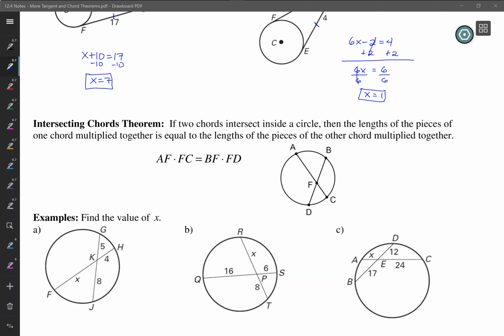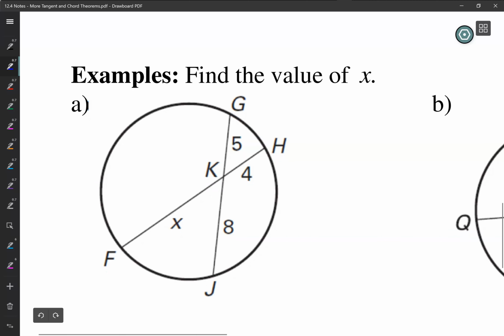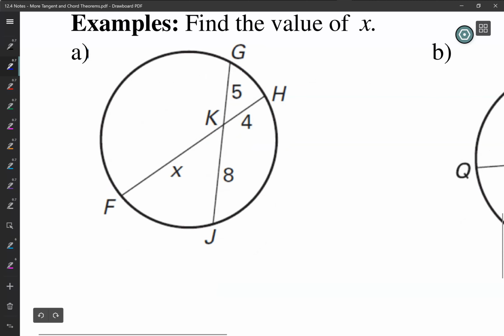So what this allows us to do is, if we know how long both pieces of one of these are and how long one piece of the other one is, we can find the length of the missing piece. You multiply the two pieces of one of them together and set that equal to the two pieces of the other one multiplied together.